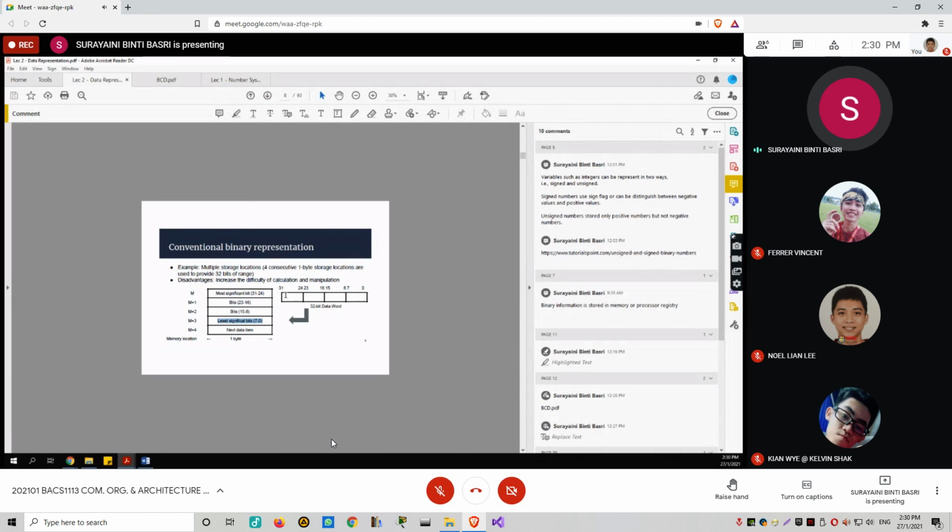When you have 32 bits, it will be divided into 8 bits each and stored in the memory like this, starting with the most significant bits first at the top.